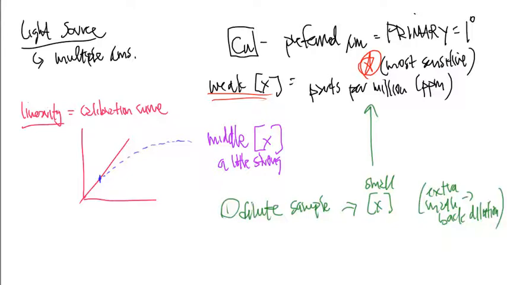Well, some people don't want to go through all of that mess. Some people just want to say, listen, I know that my sample is concentrated. I don't want to go through the process of diluting everything and then reworking all of those calculations to see what the original concentration was. I just don't want to do it.